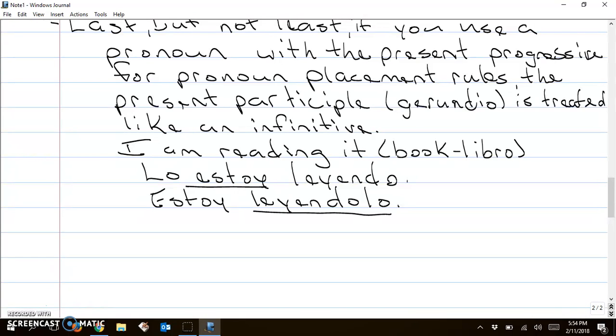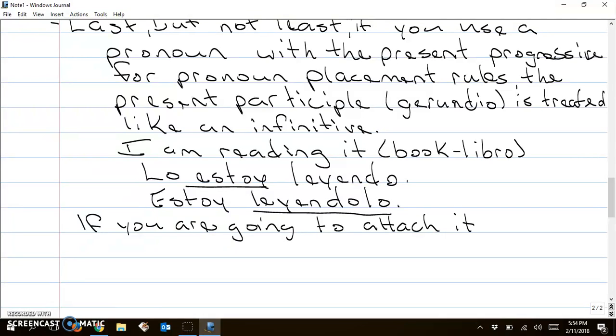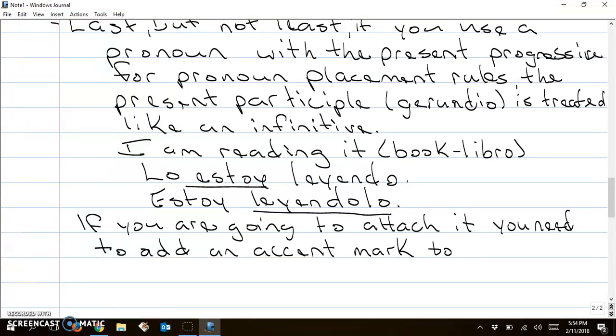Now, if you are going to attach it, you need to add an accent mark to maintain correct pronunciation.